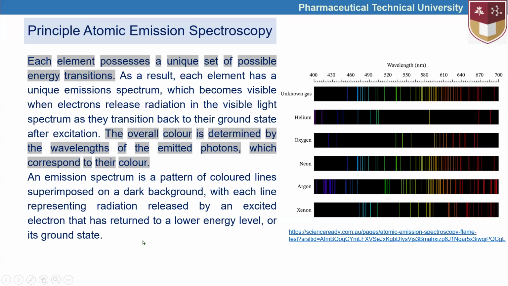Again, the ground state is the state in which the electrons own the lowest energy. When they are given more energy, the electrons jump from that state to a higher energy level, which is farther from the nucleus compared to the ground state.